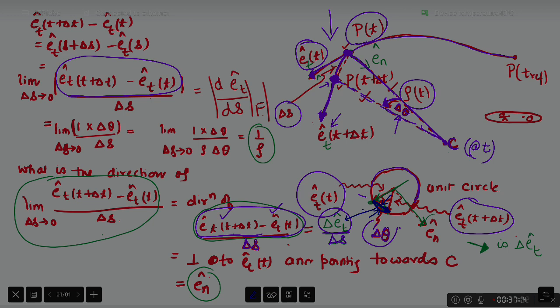But then what is this arc length? This arc length must be delta theta times 1, right? 1 is the unit, the circle has a unit radius and this angle is delta theta. So this arc must be delta theta. So my claim is that delta Et in the limit delta S going to 0 will become nothing but delta theta itself. Now let's go back here.